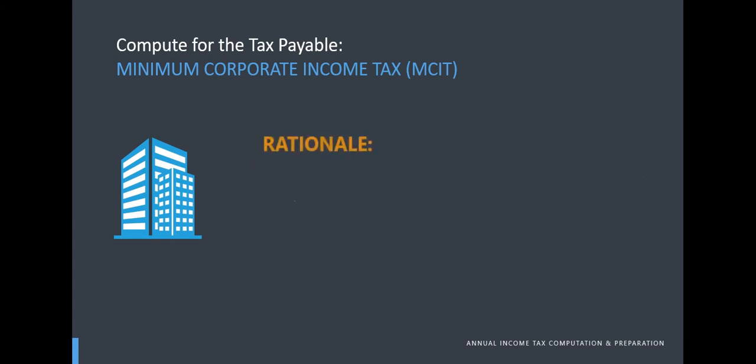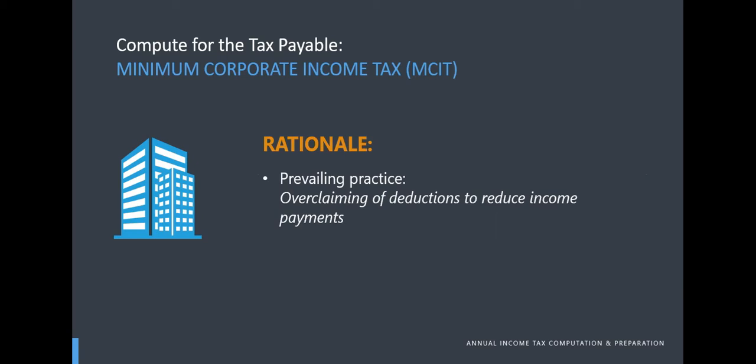So first things first, what is the rationale of the government? Why did they impose the minimum corporate income tax? So there is a prevailing practice among corporations that they tend to overclaim deductions to reduce their income tax payments.